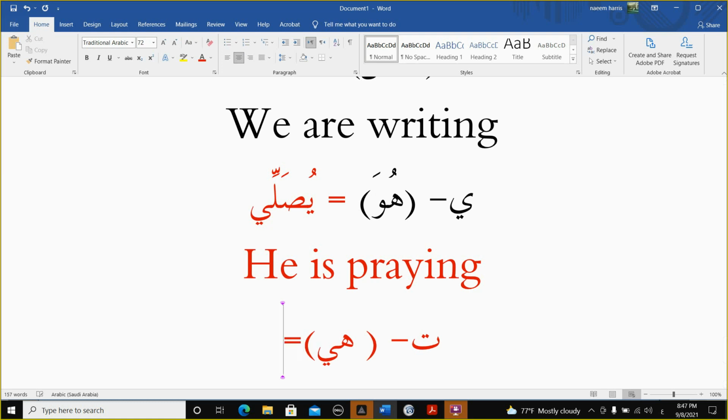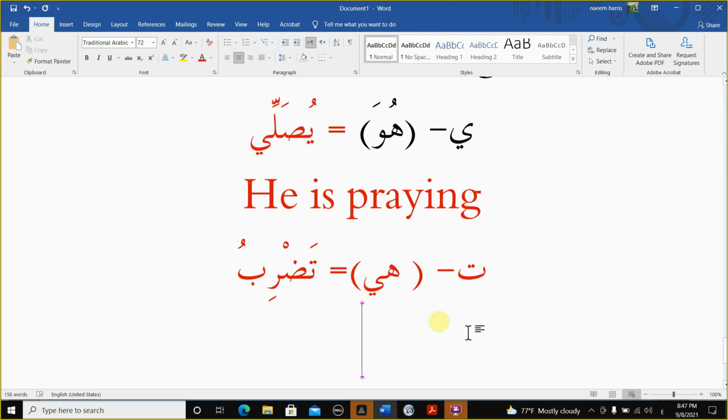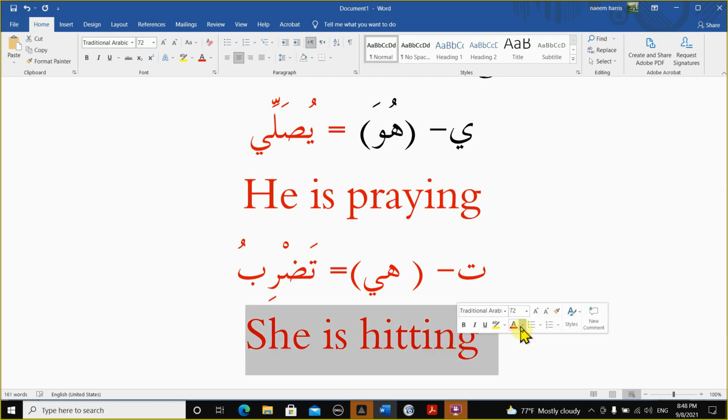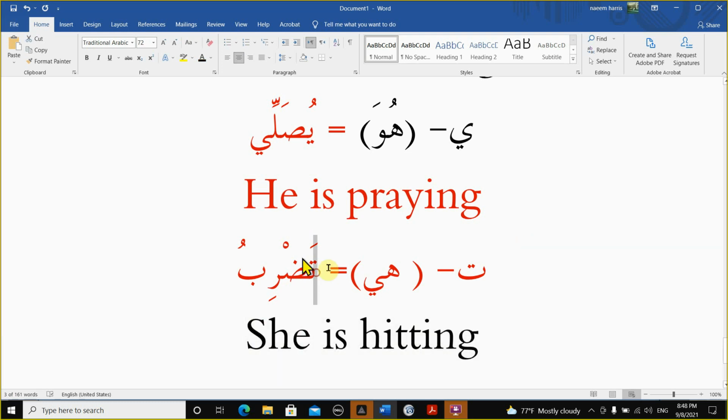Tadribu, she is hitting. Daraba means to hit. The ta represents her. She is hitting.